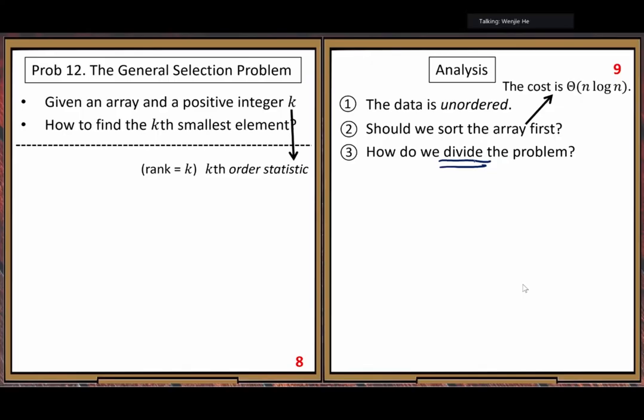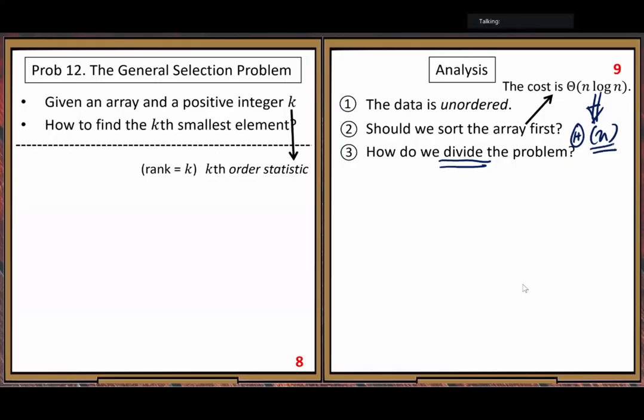That's the idea. So our target is a big theta of n algorithm. Remove that log n part.